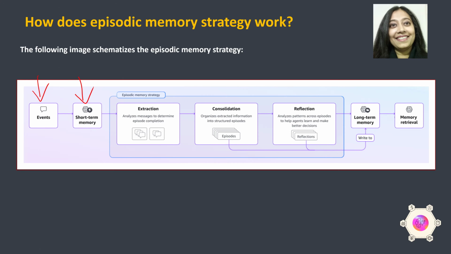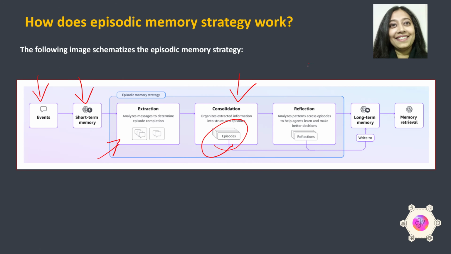The episodic memory strategy will first perform extraction. Then it will consolidate all the extracted information. Consolidation will basically organize everything and understand what is happening. Along with consolidation is where episodes are created, as you see.